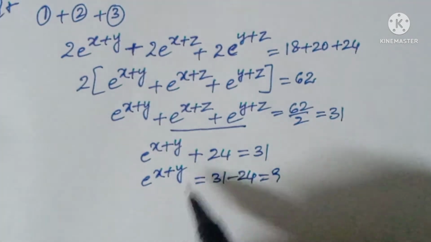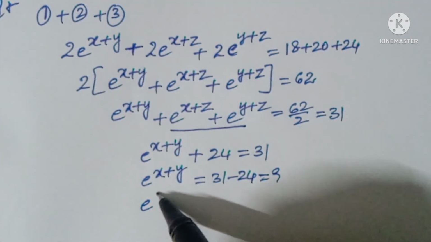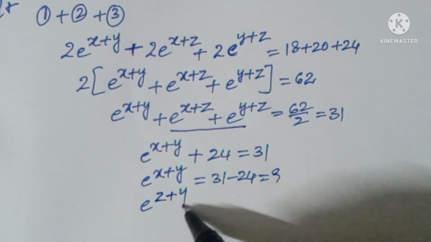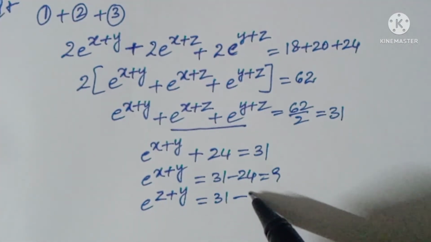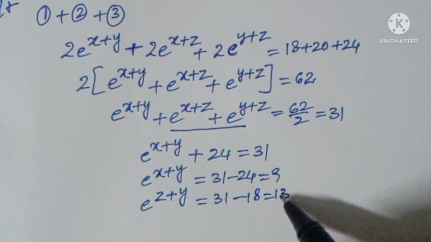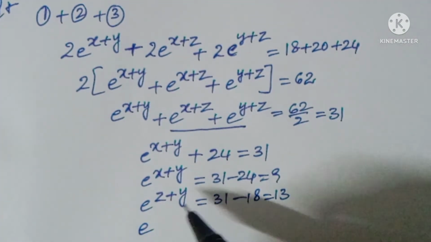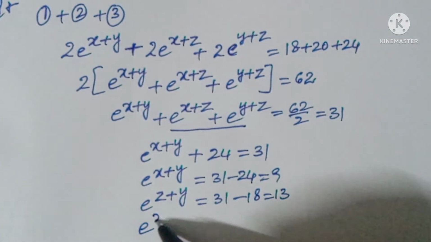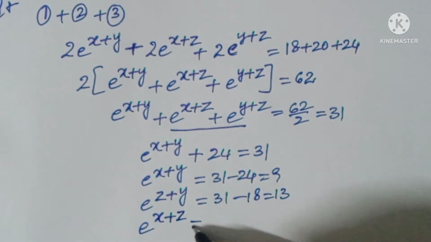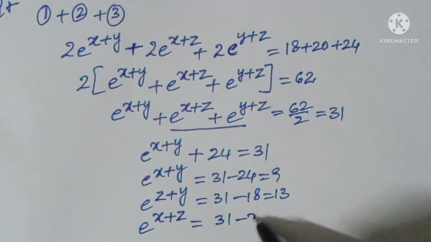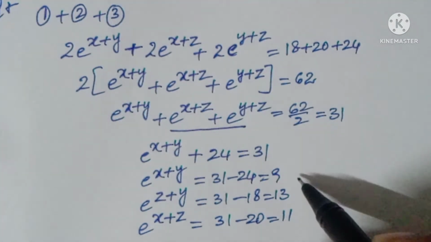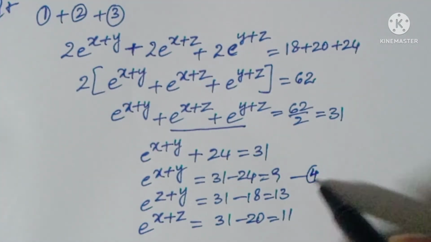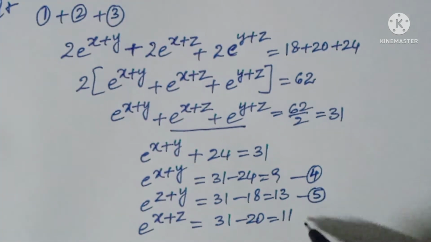Similarly, if you take the remaining also, e to the power of z plus y is 31 minus 18, we are getting 13. E to the power of x plus z is 31 minus 20, we are getting 11. So let it be 4, 5 and 6.